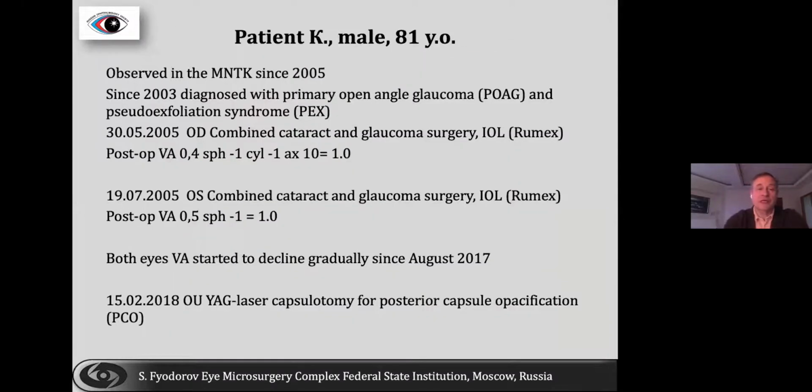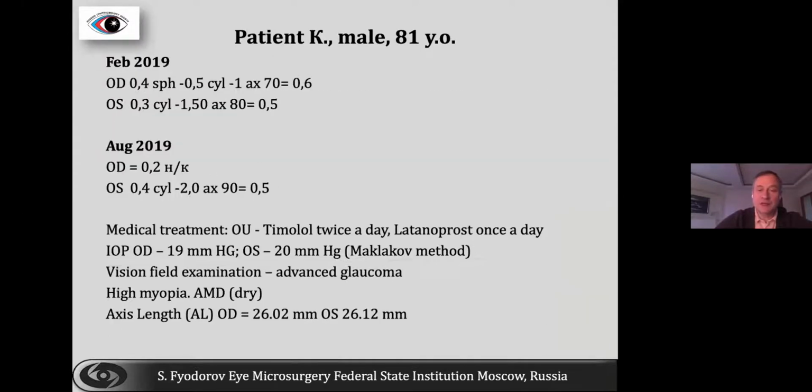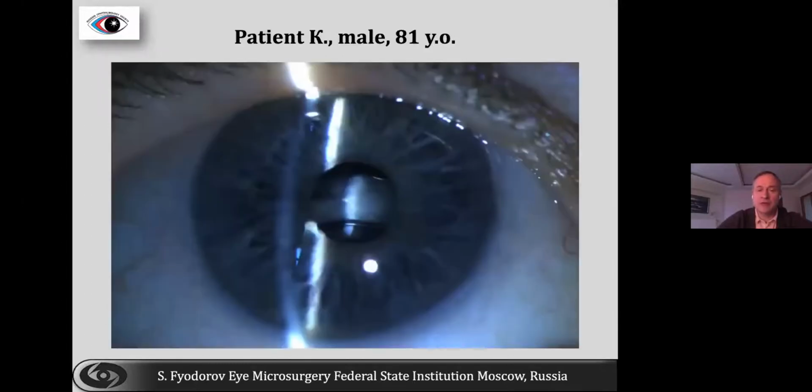So this is the case of a patient in his 80s, who was diagnosed with primary open-angle glaucoma, and combined surgery was done with IOL and glaucoma procedure, with the subsequent YAG laser posterior capsulotomy, and there was a gradual decrease of the visual acuity, and IOP well controlled with medication.